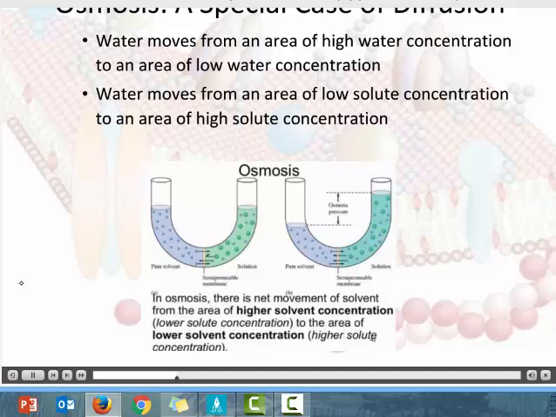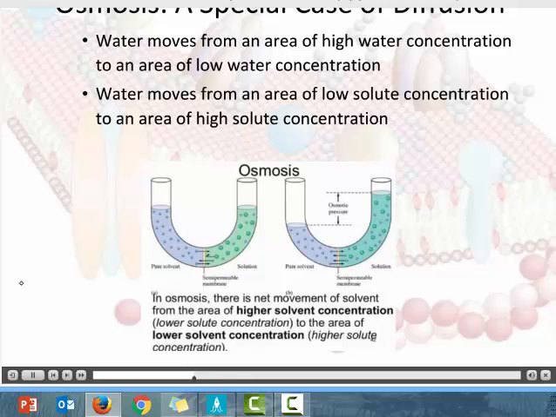Now again, it doesn't matter which way you look at it, you just need to pick one and stick with it. The way that I like to think about it is I like to think about the solutes. So it's a little bit backwards, but I think about the water diluting the solutes, making the concentration of solutes equal across the membrane. In order to do that, we need to spread out that high solute concentration and make it more dilute. That's generally the approach that I use, but you need to use whatever works for you.